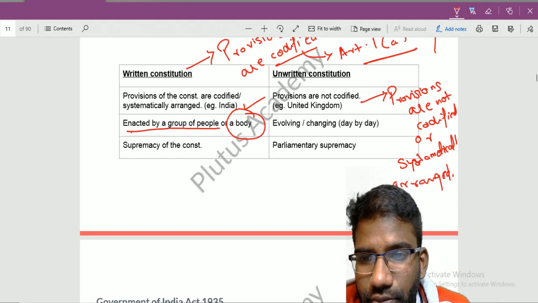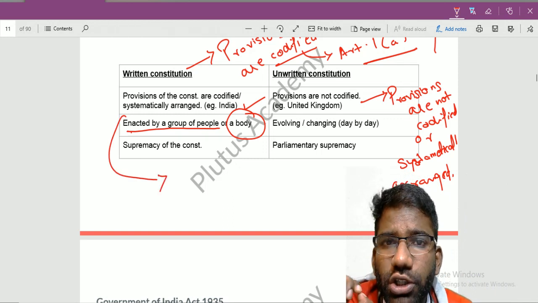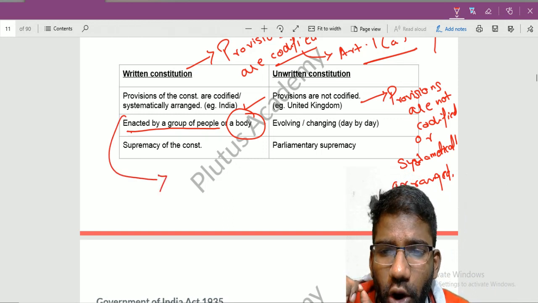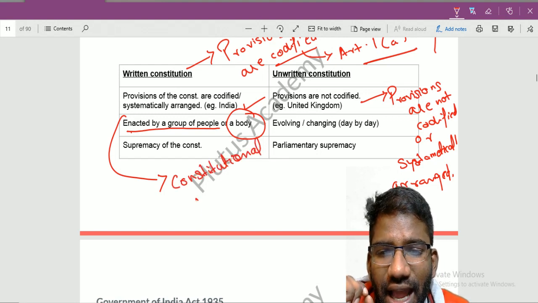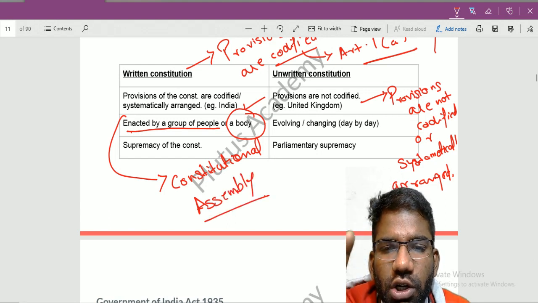In the case of the Indian Constitution, that body was the Constituent Assembly.